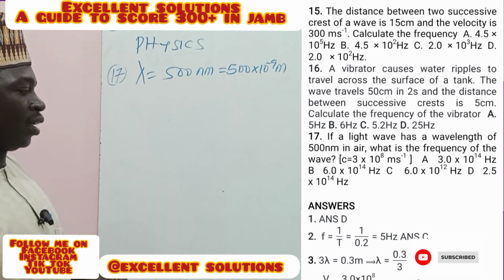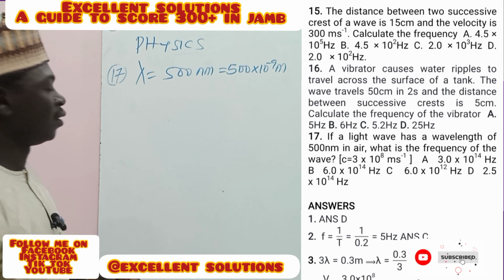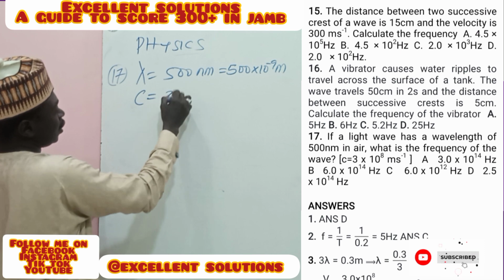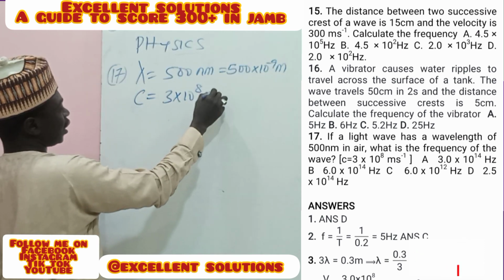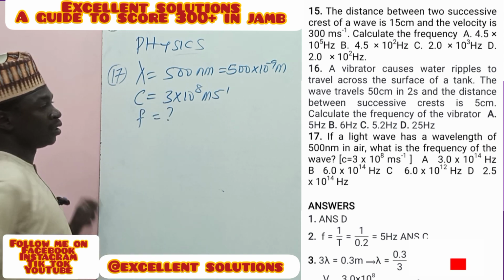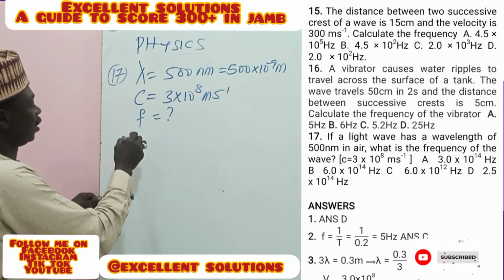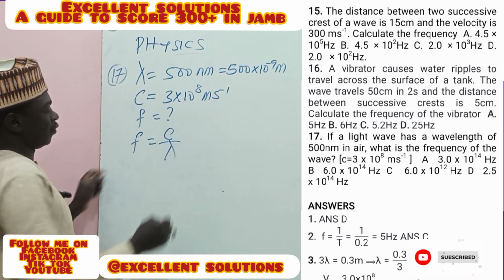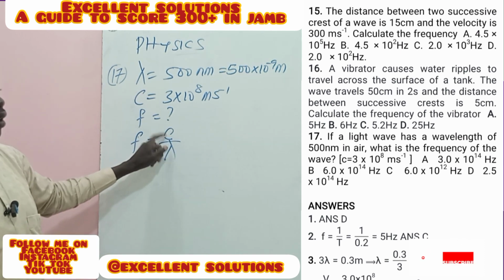In air, what is the frequency of the wave? So we now have C equals 3 exponential 8 meters per second. We are looking for frequency. So our frequency F is equal to C upon lambda, where C is the speed of light in air.